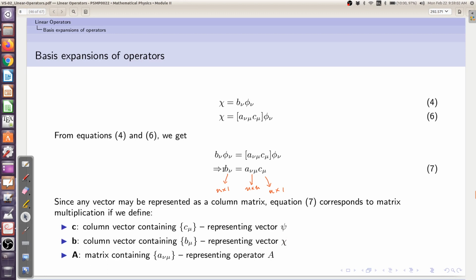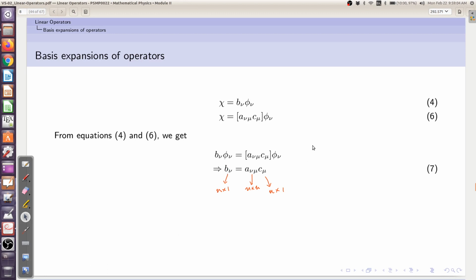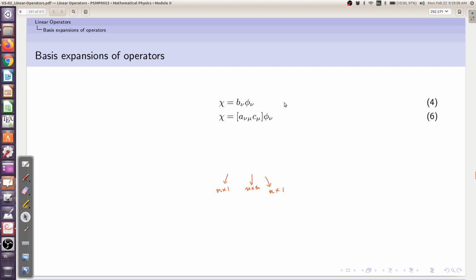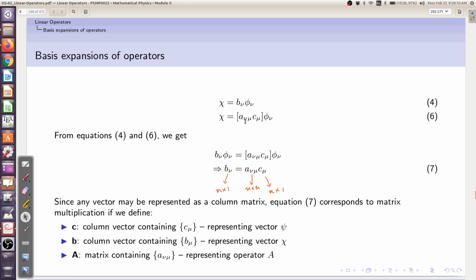Whatever is on the left hand side, which is chi, B represents that. And A nu mu, these are the elements of the matrix which correspond to the operator A. Okay, so this is basically an operator, and this is basically a matrix multiplication equation.